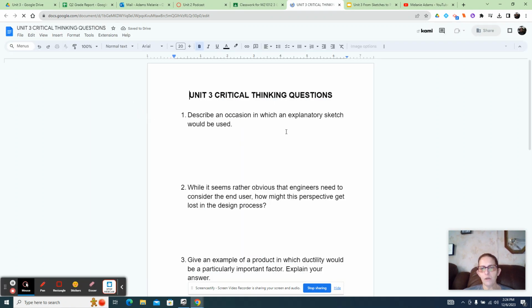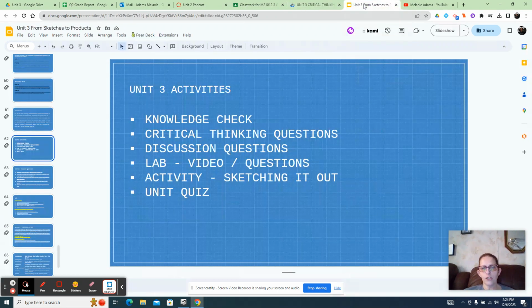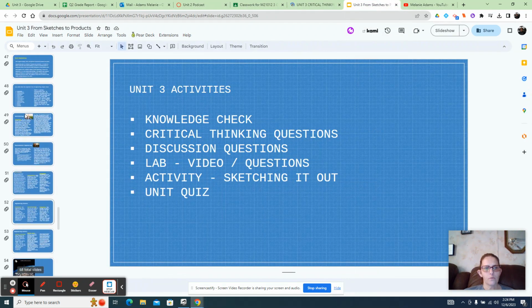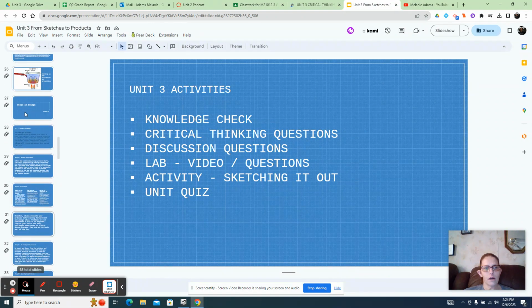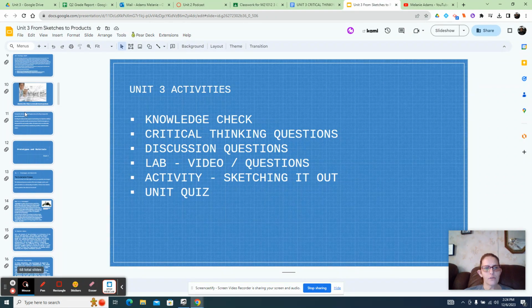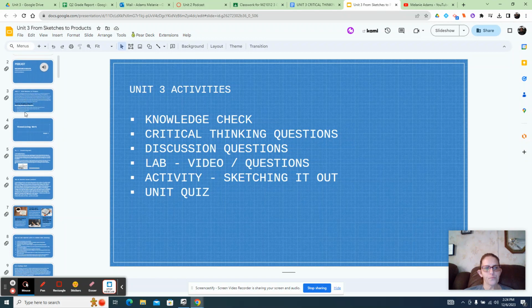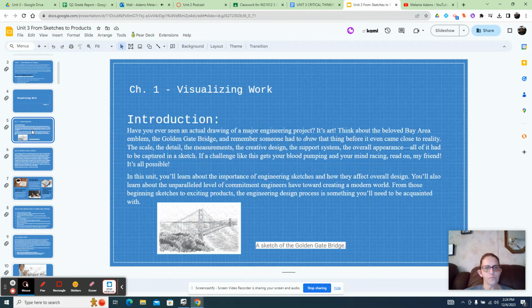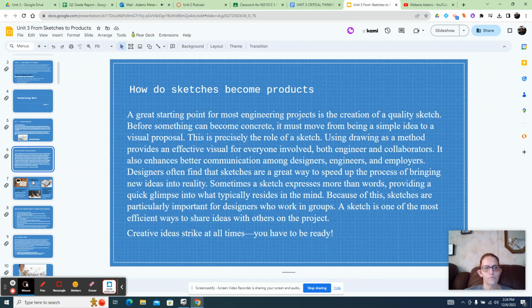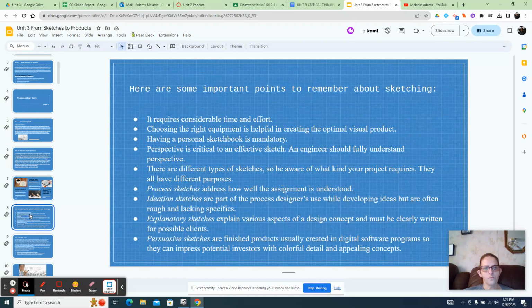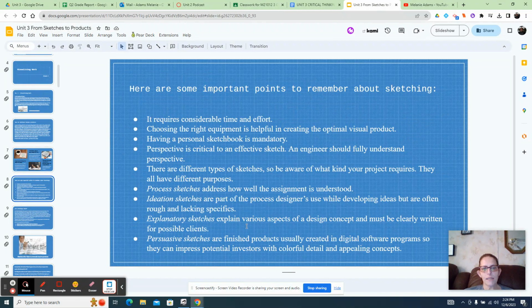Describe an occasion in which an explanatory sketch would be used. So if you go to the slideshow, we can use our slideshow to answer that question. An explanatory sketch explains various aspects of the design concept and must be clearly written for possible clients.